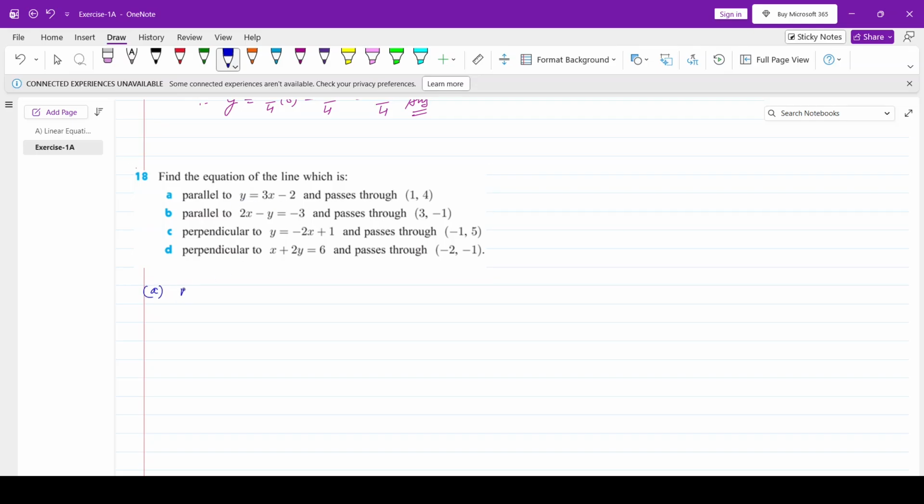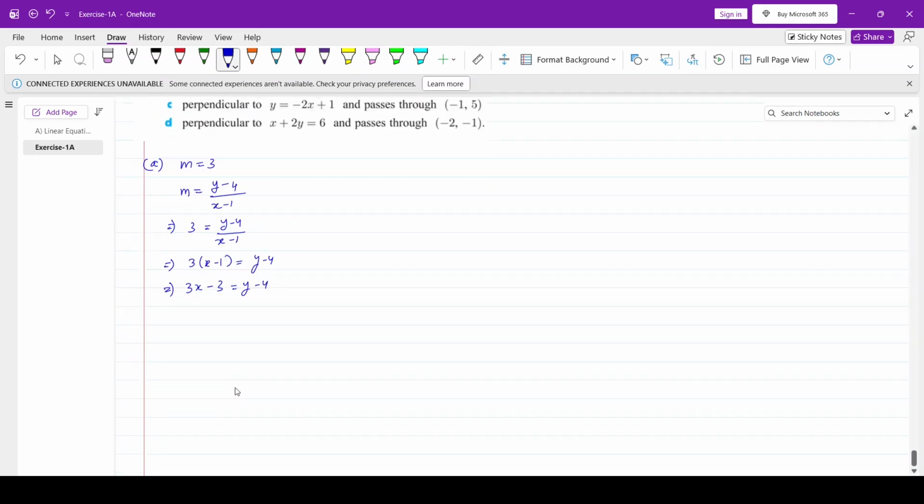Parallel to this line means m has to be 3. Now finding the equation: (y minus 4) divided by (x minus 1) is equal to 3. Cross multiply, we can say 3x minus 3 is equal to y minus 4.